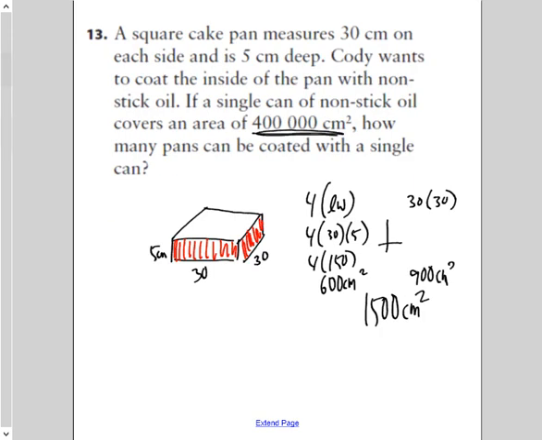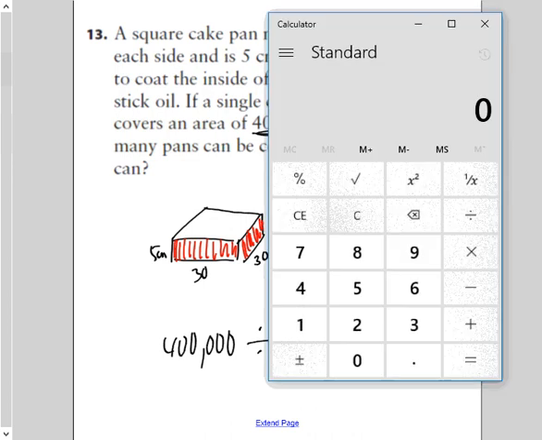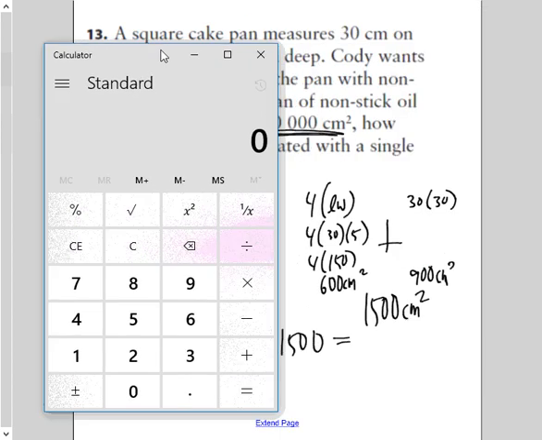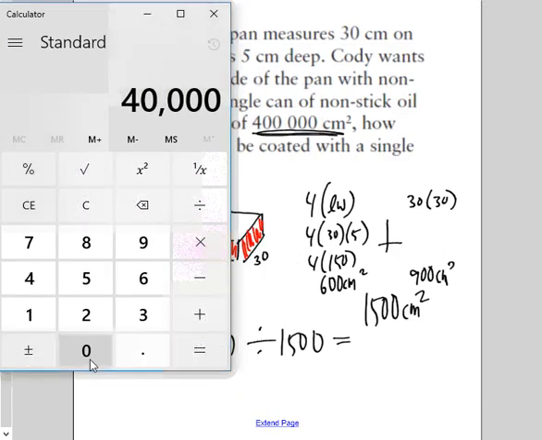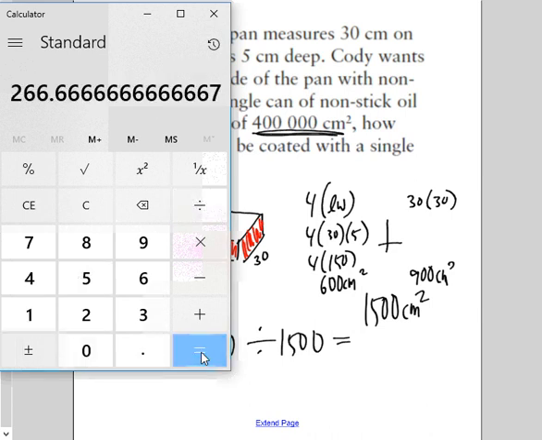If one can of nonstick oil will do this, what you're going to do is take the whole can, what it's capable of doing, and divide it by the surface area of one pan, and that will tell you how many pans you can coat with one can. So take your 400,000, which is how much one can coats, divide it by the surface area of one pan, and that will tell you. Is that right? Did I make a mistake somewhere?